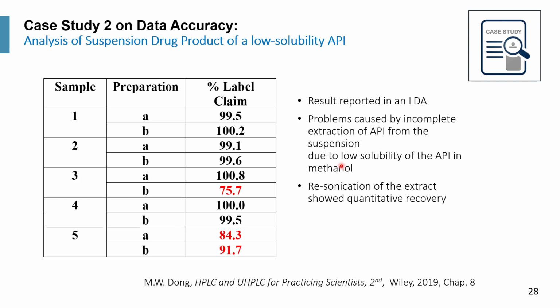For some reason, some of the samples were not extracted quantitatively due to the low solubility of the API in methanol. To fix that, we analyzed the retained samples, resonicated them, and everything was within specification. So it is not an OOS situation.